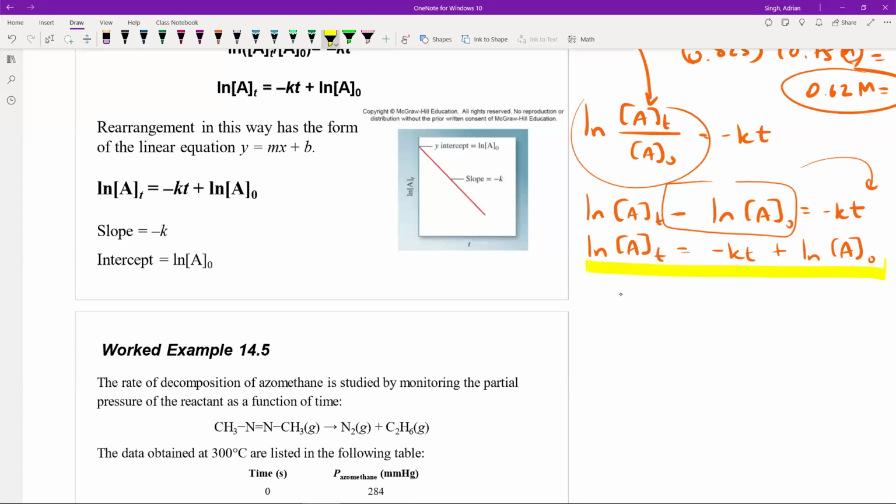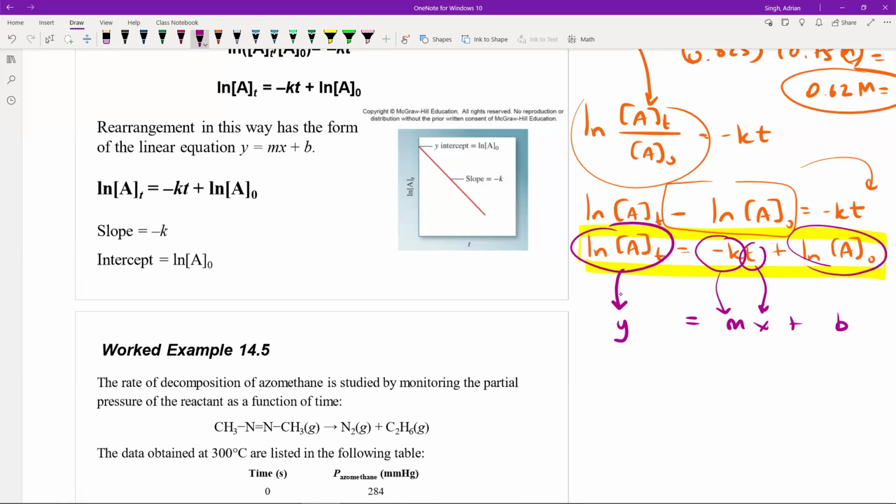This equation then becomes similar to the equation of a straight line, which is y equals mx plus b, where the y value is the natural log of the concentration of A at a particular time, x is the time, negative k is going to be our slope, and the y-intercept is the natural log of A at time 0.